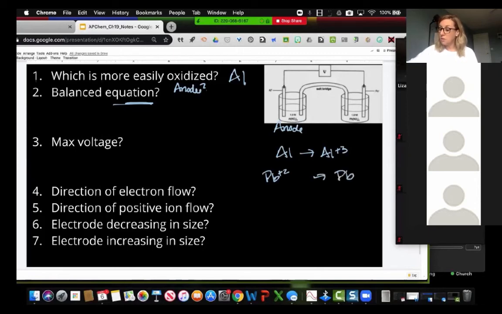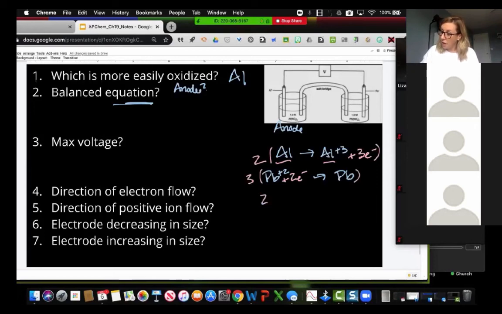When you have to do the balanced equation, you're going to have to add those electrons in on your own. If it goes from Al to Al+3, then it gives off 3 electrons. The lead, like we said a second ago, picks up 2 electrons to become lead. Now if you remember from balancing redox reactions, to get the overall balanced equation, we have to balance those electrons out. This is a very simplified balancing equation. This one, I would have to multiply by 2, and this, I would have to multiply by 3.